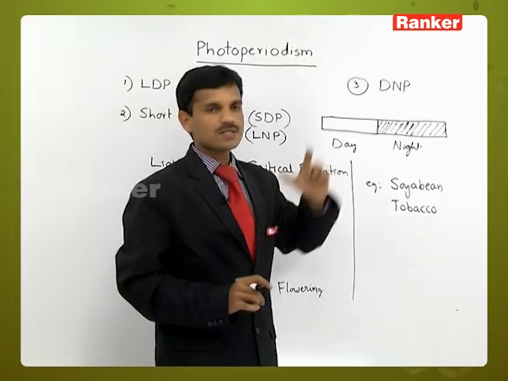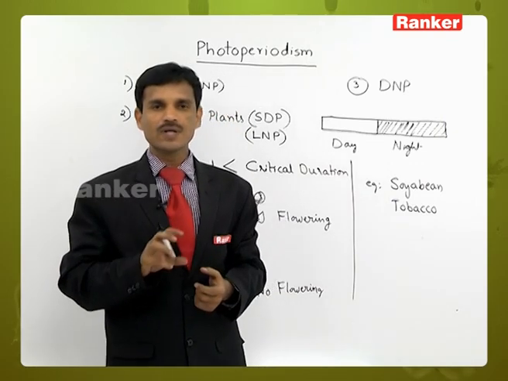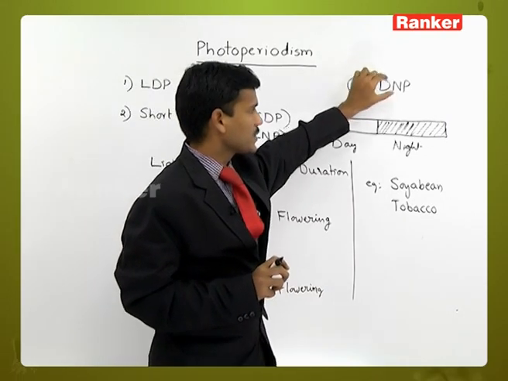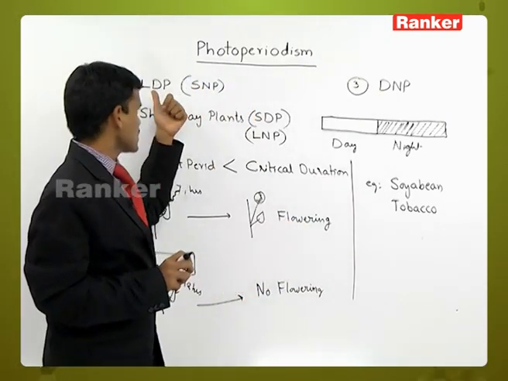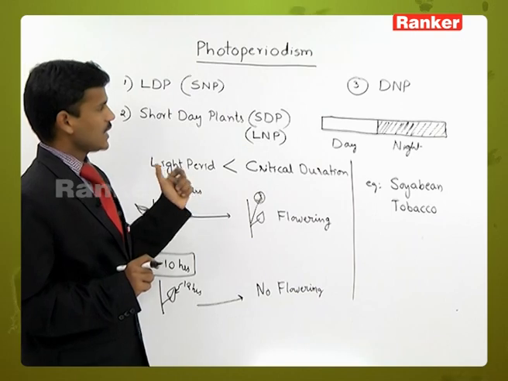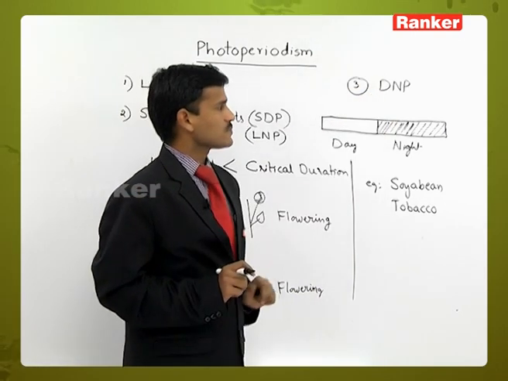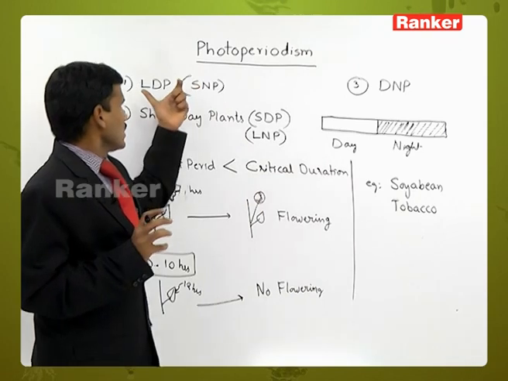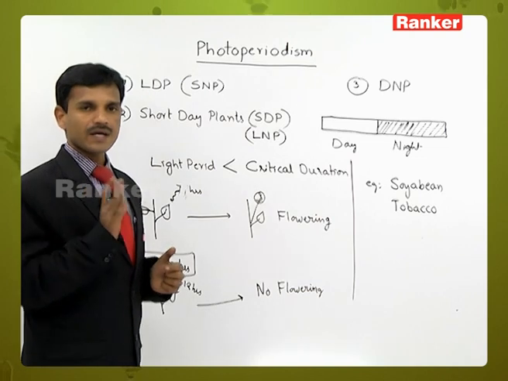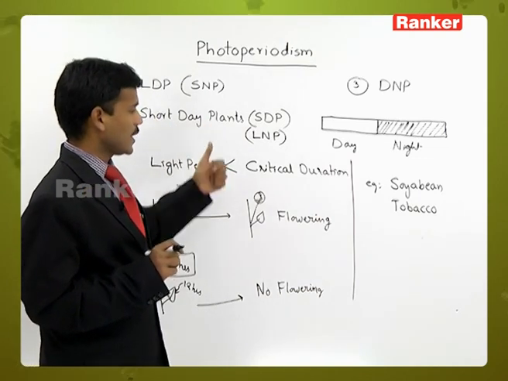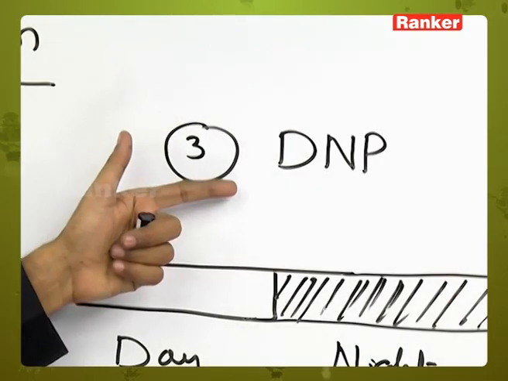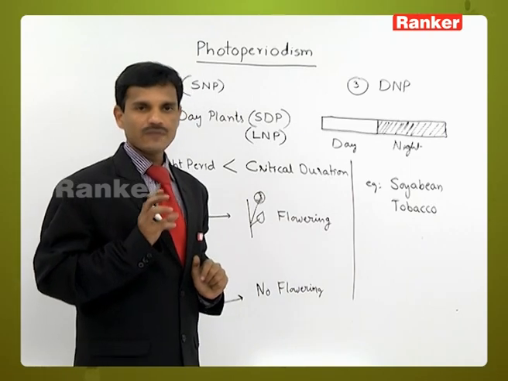So if you observe, the long day plants require a day period more than the critical duration, short day plants require a light period less than the critical duration, and in day neutral plants there is no influence of light on flowering.